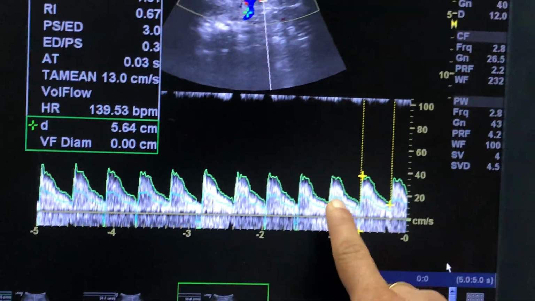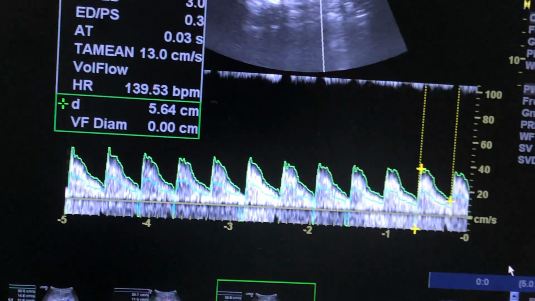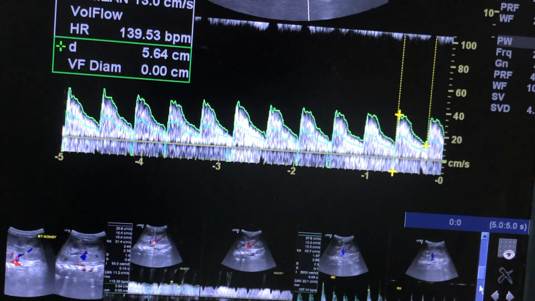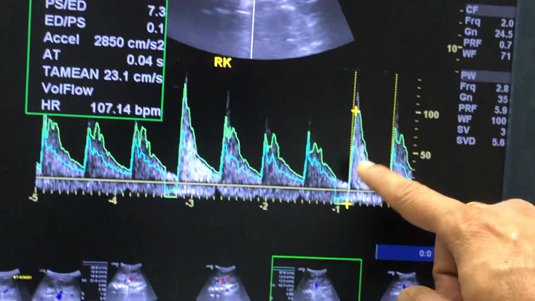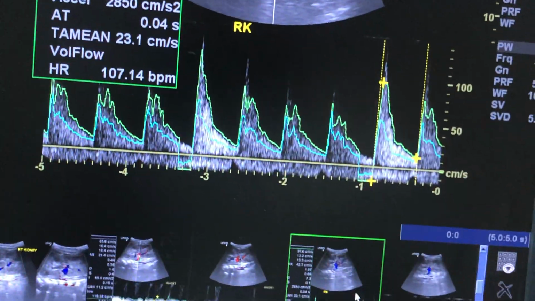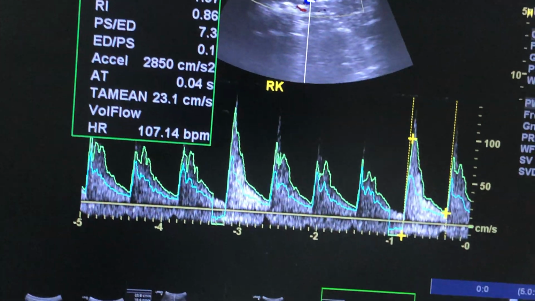Yes, these waves are a little bit short. These are the normal waves, and if you see these waves, they are quite tall. You see these tall waves with very high resistance, 0.8.